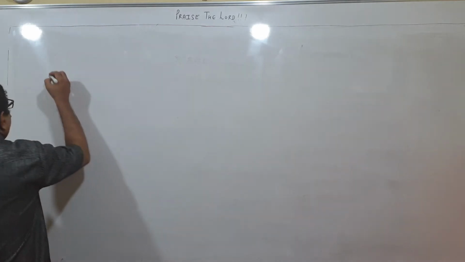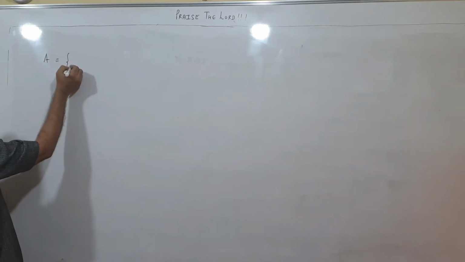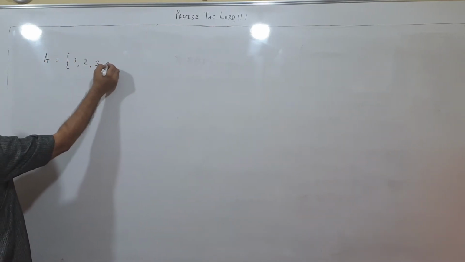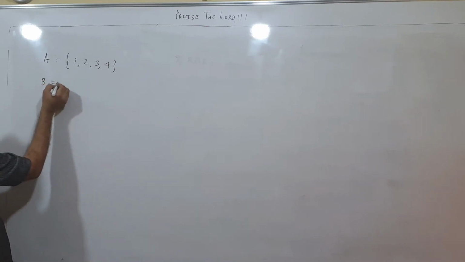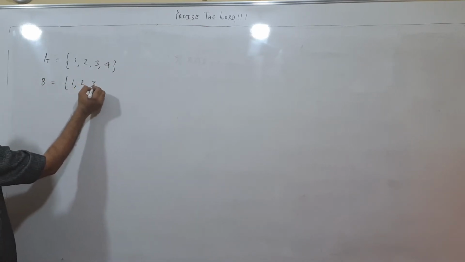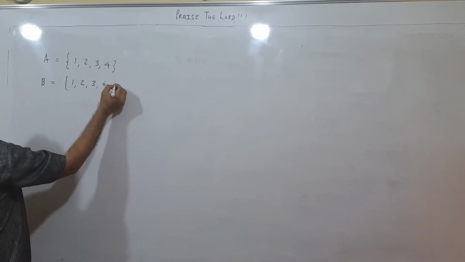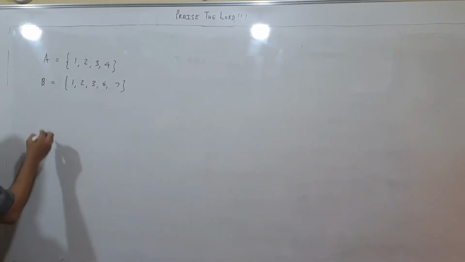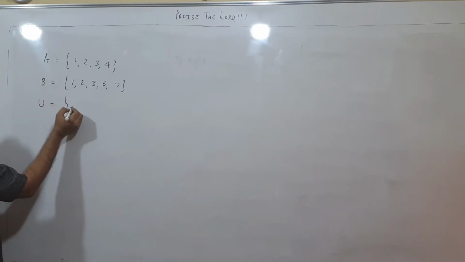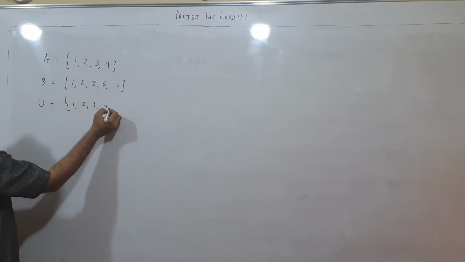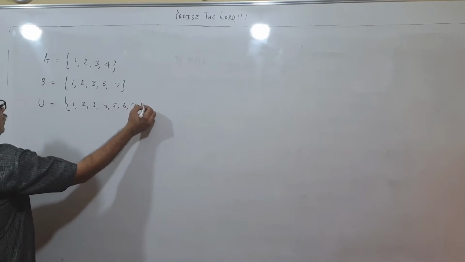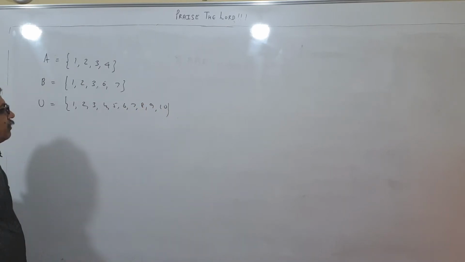See, supposing I am having A as 1, 2, 3, 4, and I am having B as 1, 2, 3, 6, 7. And my universal set contains numbers 1, 2, 3, 4, 5, 6, 7, 8, 9, 10.